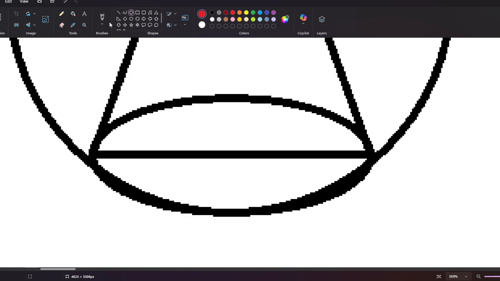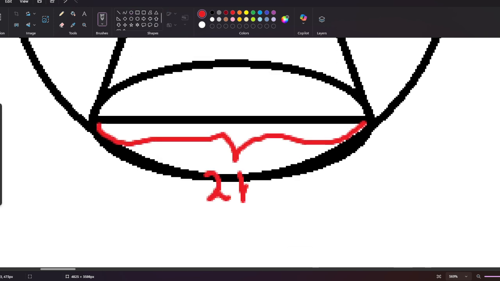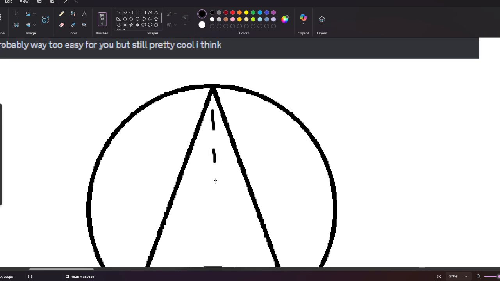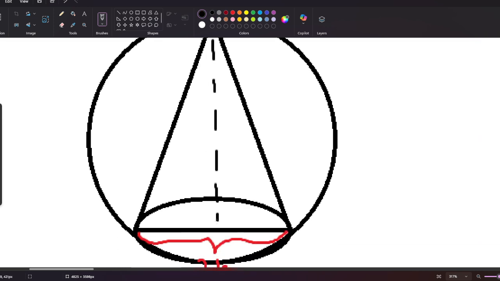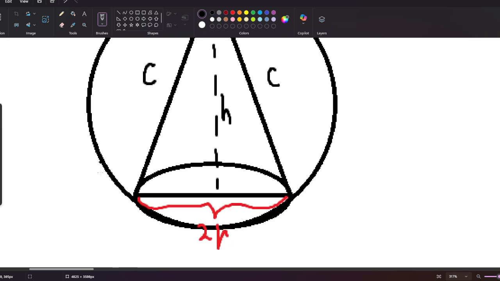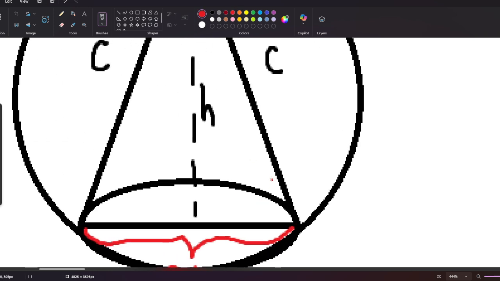Now we know that the base is going to be 2 times r tiny. Let's also draw the height here. Could be h. Let's say that the sides of this isosceles triangle are going to be some length c. Let's say we know this angle and call it alpha.